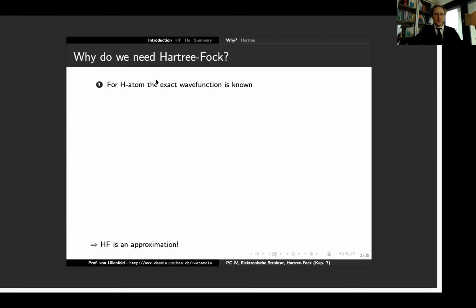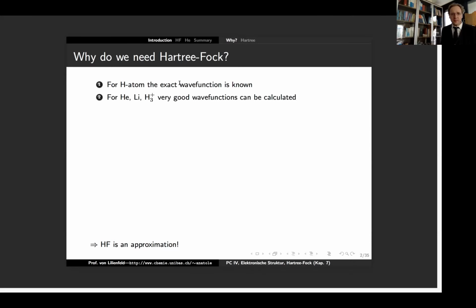So of course for the hydrogen atom we know the exact wave function, right? But for helium, actually for any hydrogenic atom you can get the exact wave function, but for helium, lithium, or H3 plus, so already with just 2 electrons, things get more tricky, right?